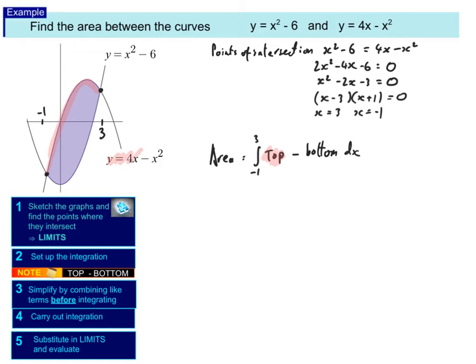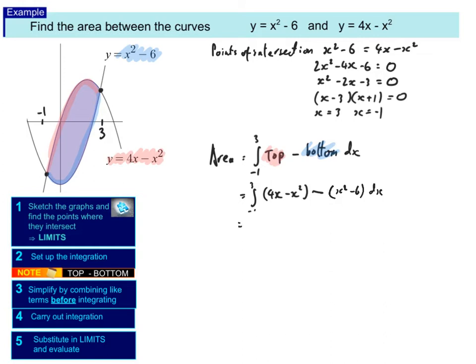So this is this quadratic. So I'm going to have my area is 4x minus x squared, minus the bottom. So that is this one here. It's going to be that quadratic, x squared minus 6, dx.